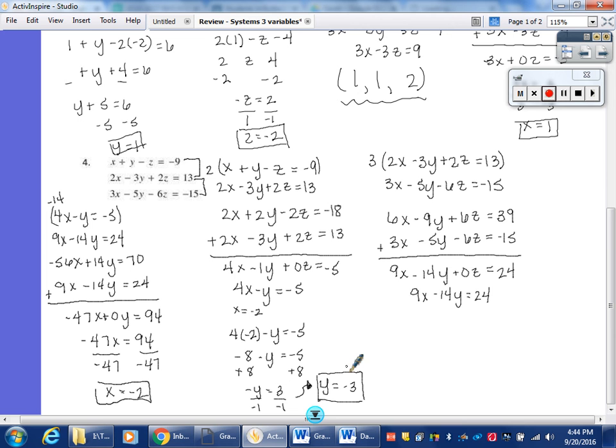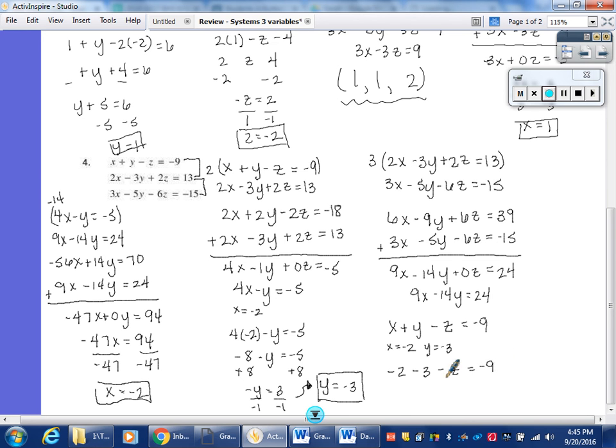And then what we need to do is take these two variables and plug them into one of the equations to come up with the third variable. It doesn't matter, but we'll just use the first equation. So it's x plus y minus z is equal to negative 9. I know that x is negative 2 and y is negative 3. So that's negative 2 minus 3 minus z is equal to negative 9.